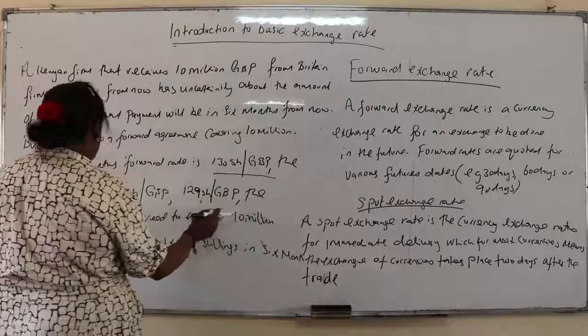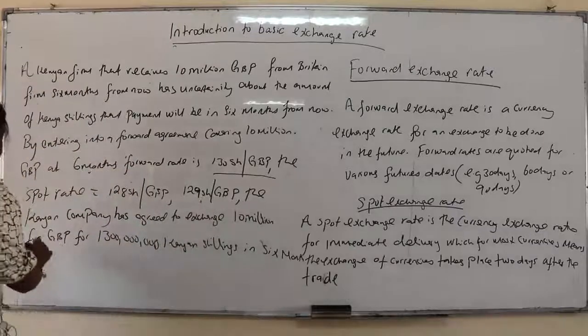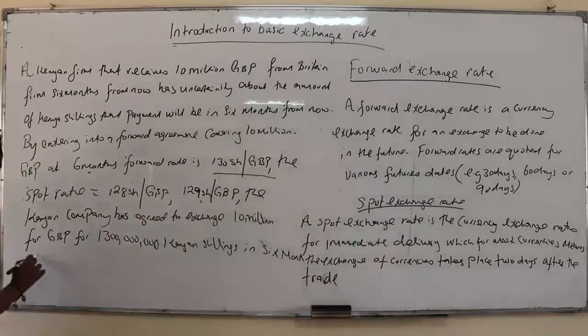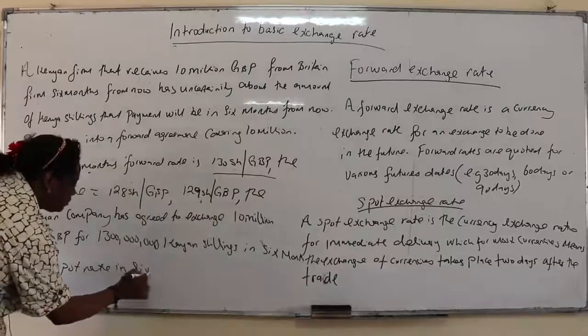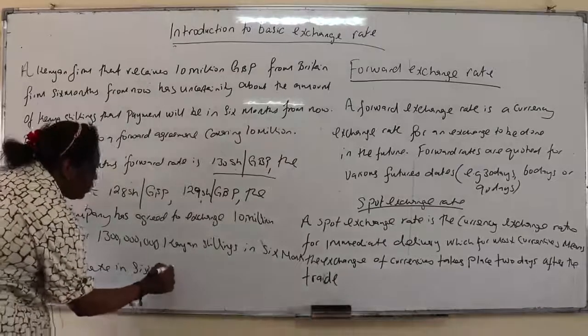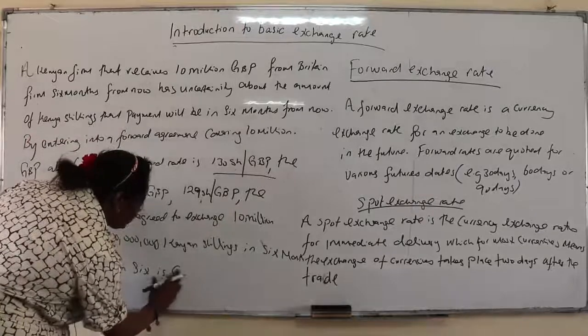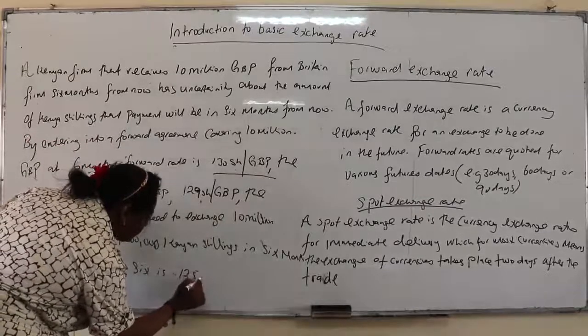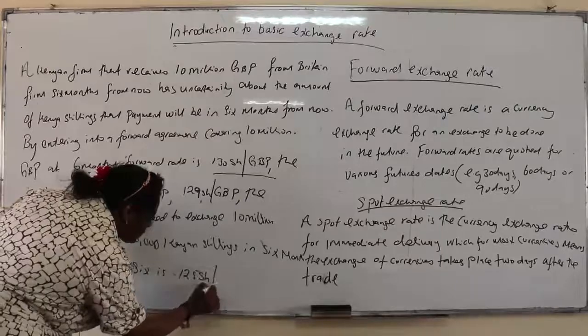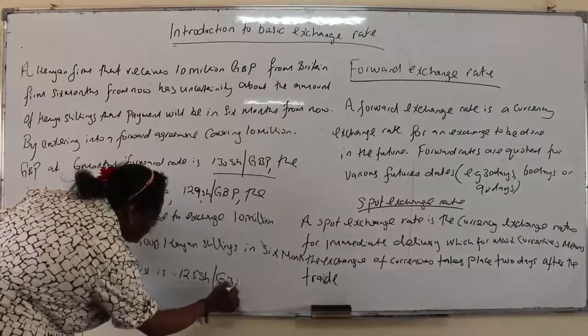could be, let's say, 125 shillings per Great Britain pound.